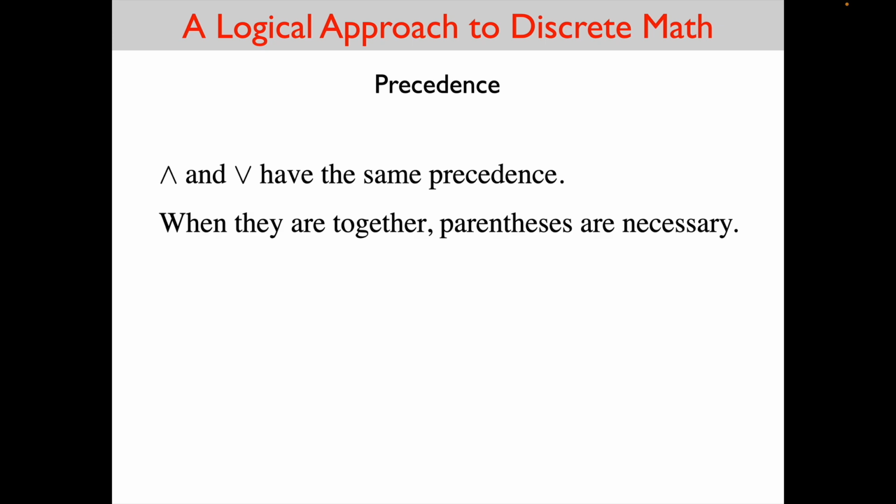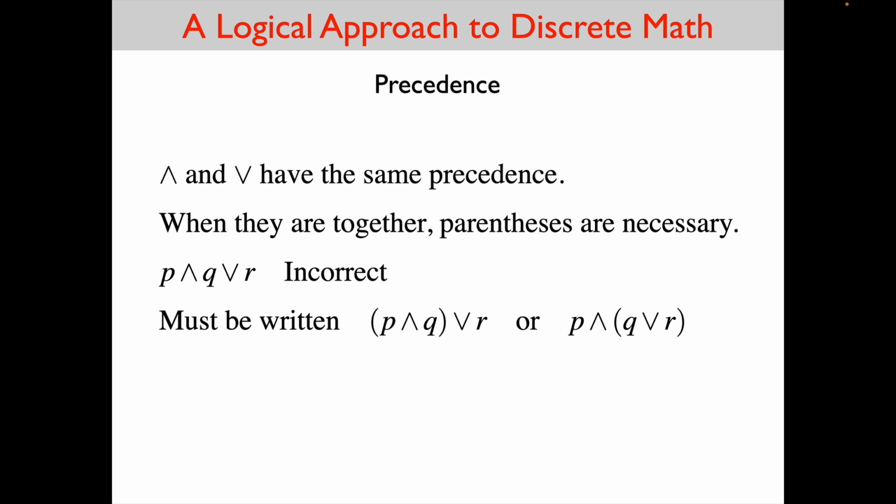Now I know the book has a rule to disambiguate this, but we're going to ignore that rule, and we're going to say that if you have and or together, the parentheses are necessary. Here's an example. If you say P and Q or R, I'm going to mark that as incorrect, okay? Because parentheses are necessary. So what are the two possibilities for putting the parentheses around these expressions?